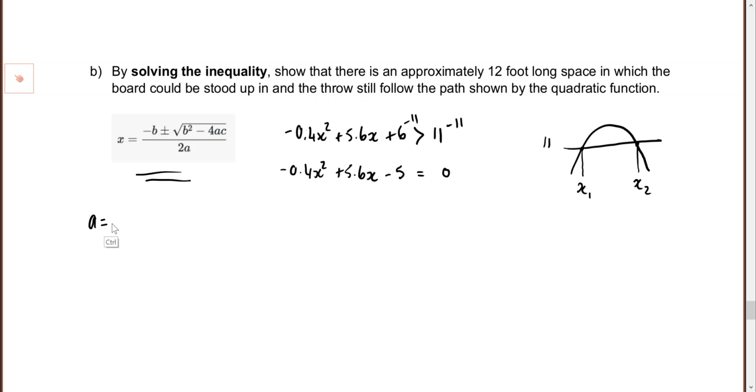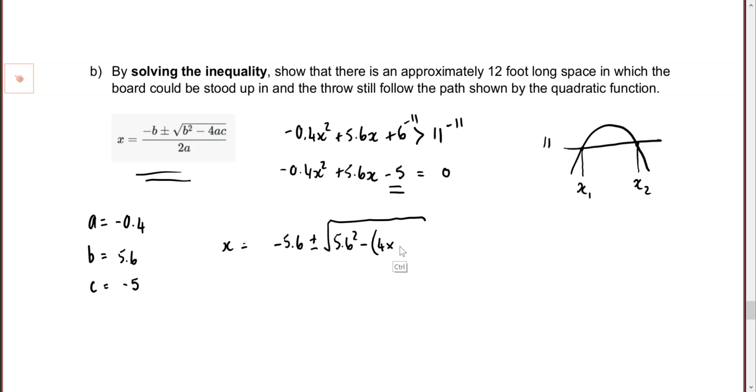A is the magic negative 0.4, B is 5.6, C is negative 5. We get x equals minus 5.6 plus or minus the square root of 5.6 squared minus 4 times negative 0.4 times negative 5, all divided by 2 times negative 0.4.